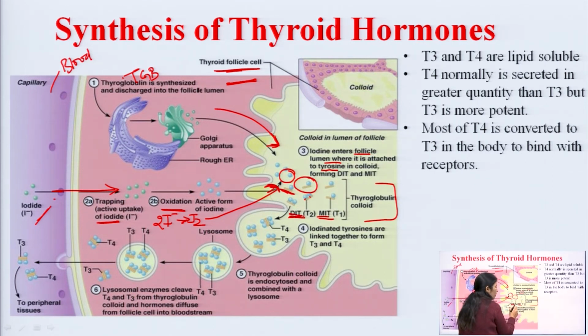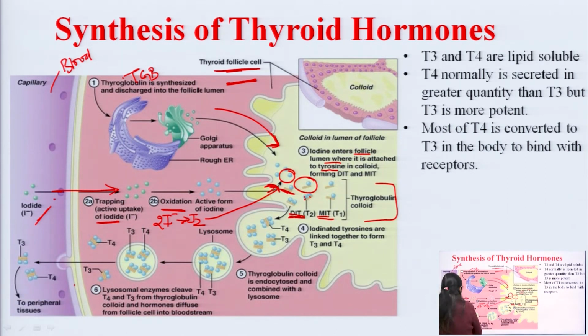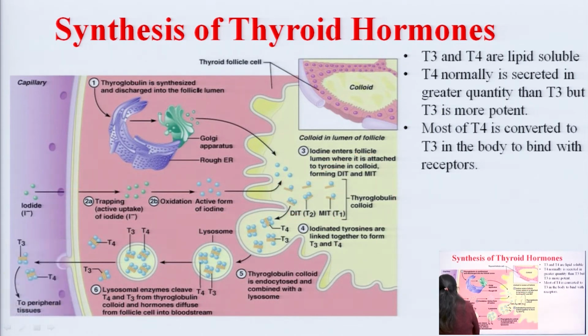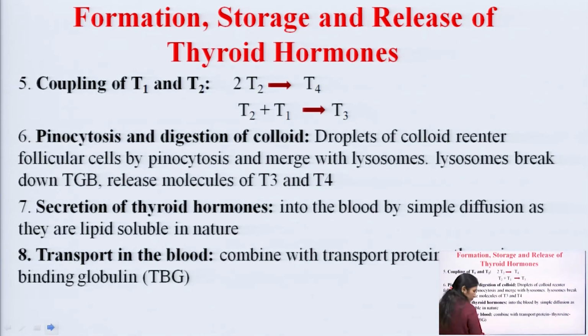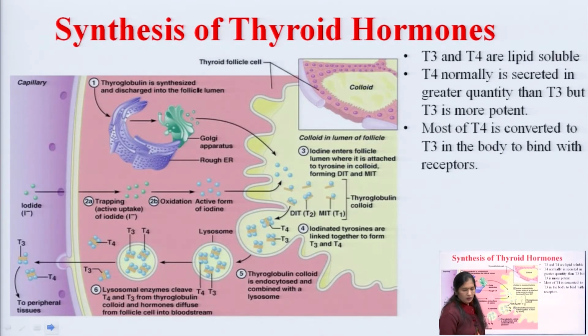If 2 molecules bind, DIT will form; if 1 molecule binds, monoiodotyrosine will form. So, this is formation of DIT and MIT.